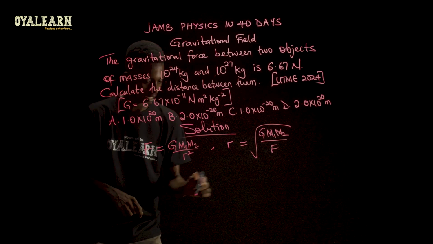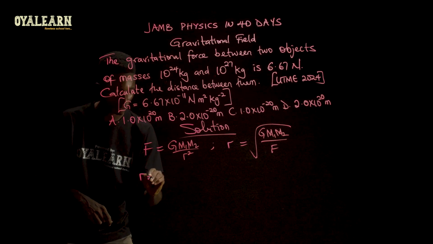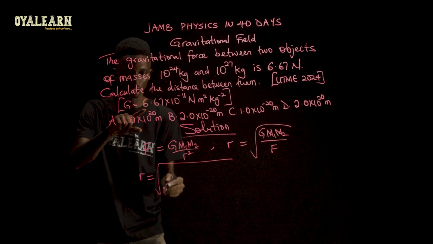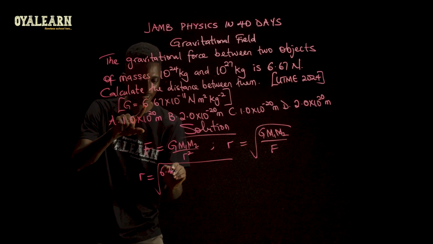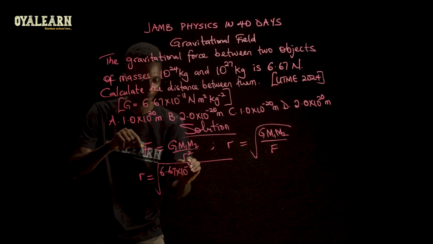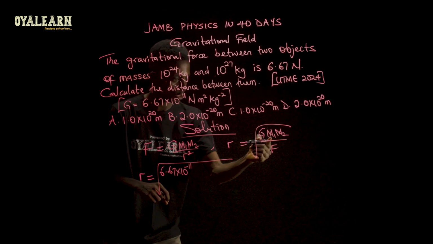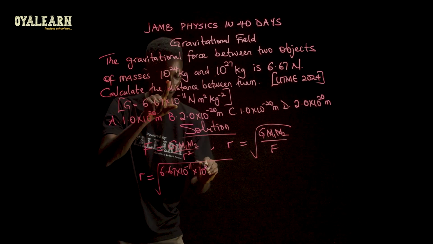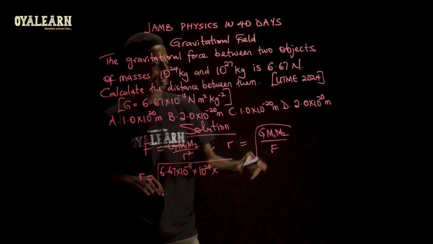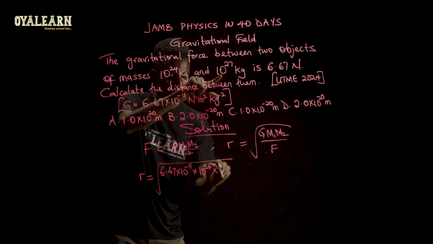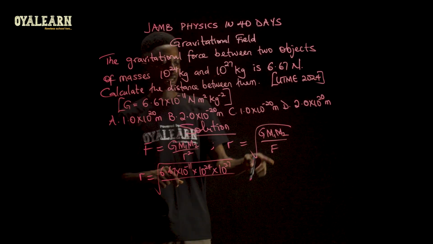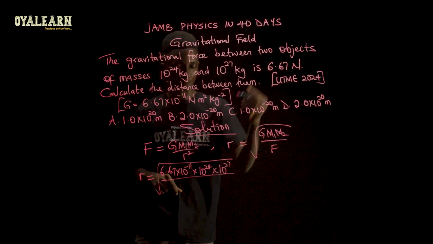So let's just apply this, and then r will be the square root of G, which is 6.67 times 10 raised to the power minus 11, multiplied by m1, which is given as 10 to the power of 24, multiplied by m2, which is 10 to the power of 27, all divided by F, which is 6.67.